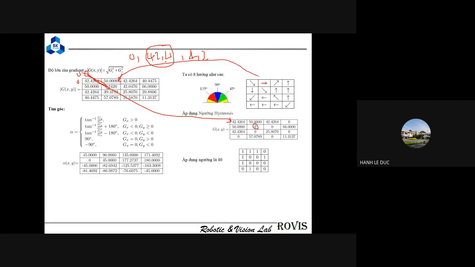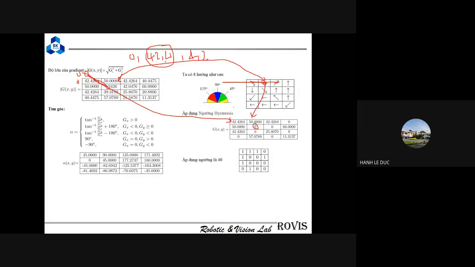This one is 50, 90 degrees. On this line, is there any 90 degree value? No, right? No 90 degree. So just only one. We skip it.